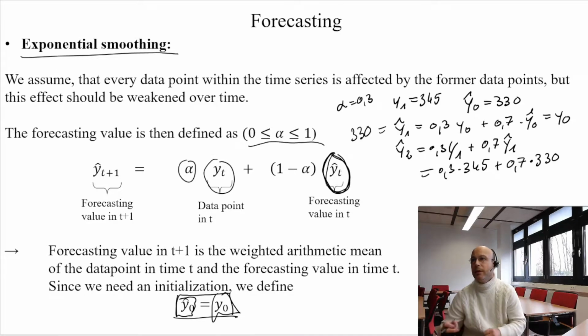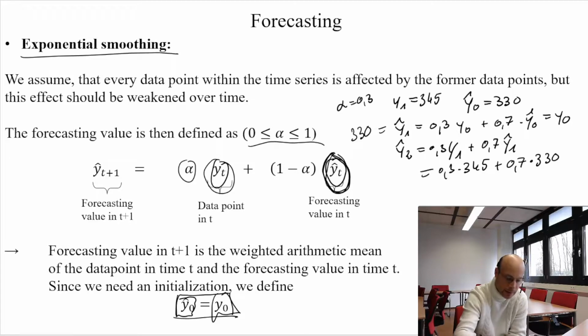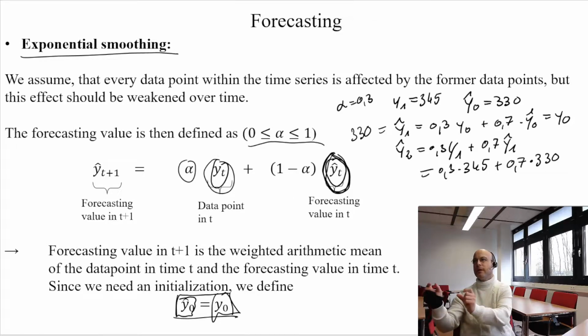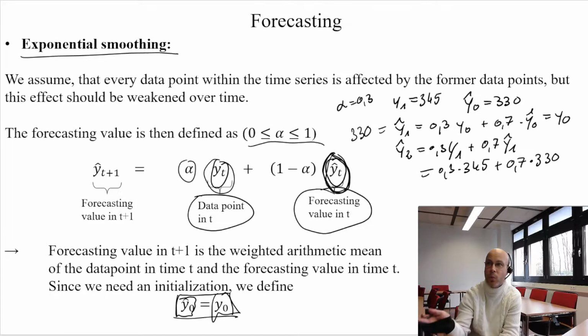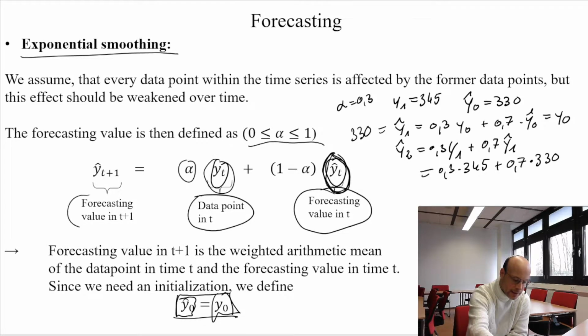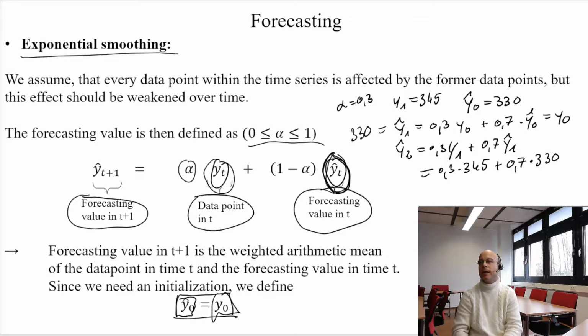There we generate forecasted data y hat for every data point in history, and then we take the last explicit data point y_t, and we calculate then a weighted average of these two values, the forecasted data point and the explicit data point, and this weighted average then should be our forecasted data point for time t+1.